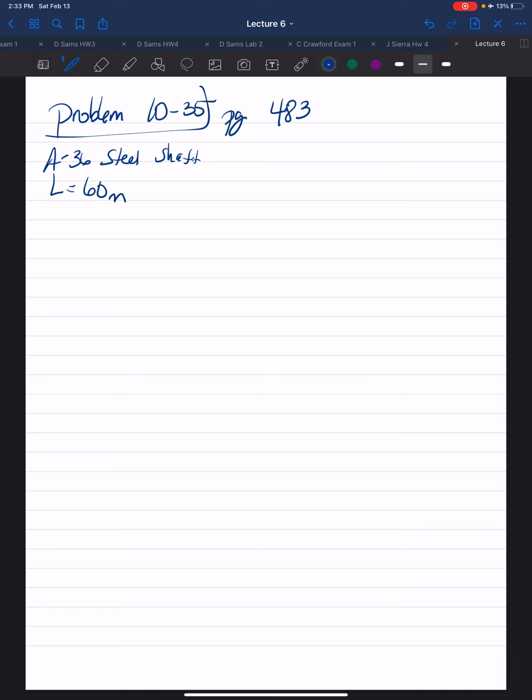It has an outer diameter of 340 millimeters. So our outer radius is 170 millimeters, which is 0.17 meters.